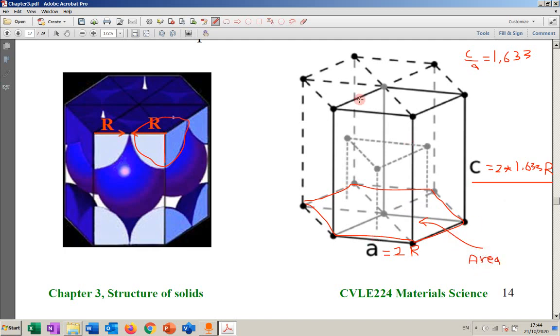Now I'll provide you the volume of hexagonal, V equal to something. I'm going to provide it to you as an equation so we can use it whenever we need to calculate the volume of a hexagonal unit cell, which we can calculate easily.